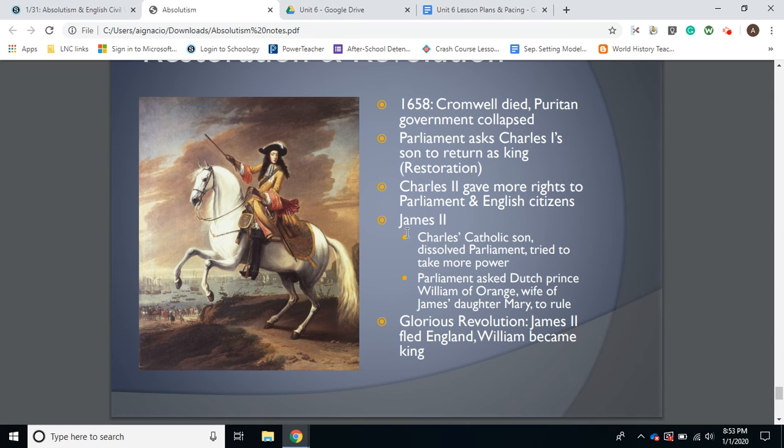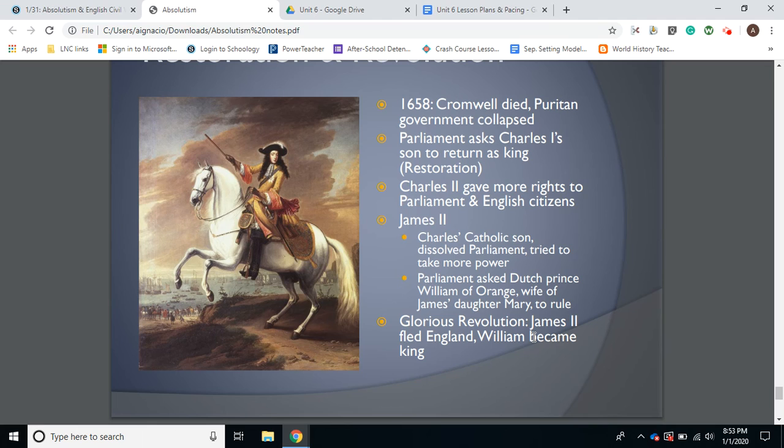So the two things that you need to know the difference between in this unit are the English Civil War, that's when Charles I is beheaded, and then the Glorious Revolution. The Glorious Revolution is the bloodless exchange of power from James II to William of Orange and his wife Mary, which Mary was the sister of Charles.